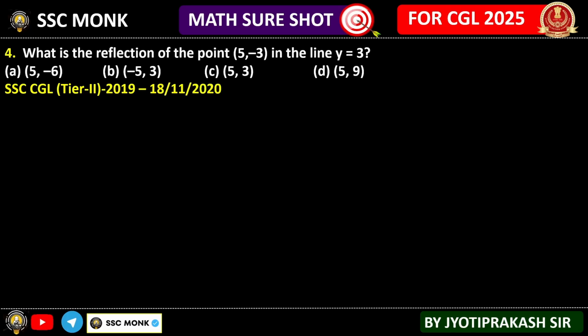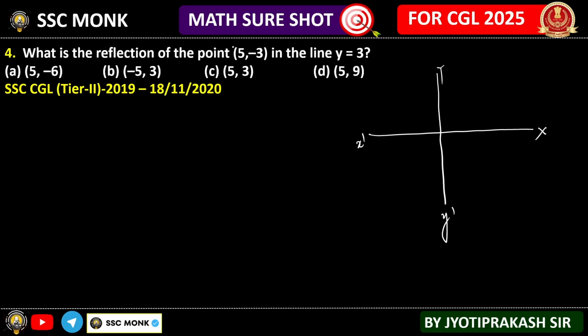Next, what is the reflection point of 5, minus 3 in the line y equal to 3? Now understand, when it is saying 5, minus 3, in which quadrant does this particular point come? Now see, there are 4 quadrants, x, y, x dash, and this is y dash. Clear?